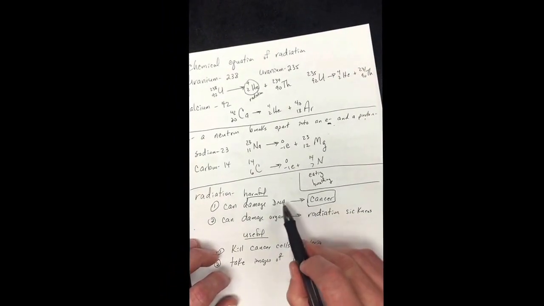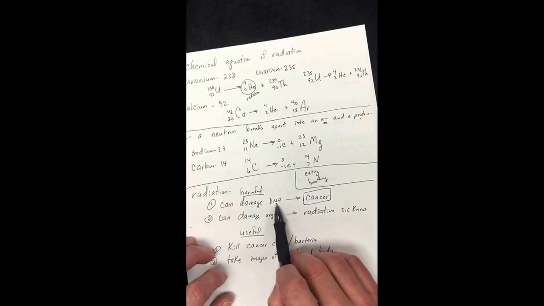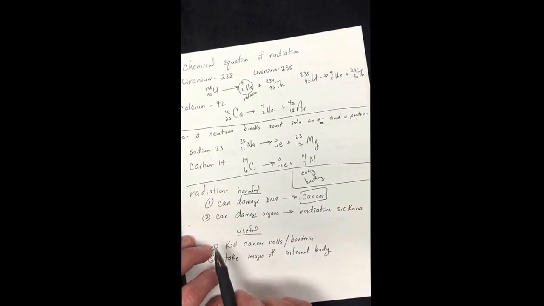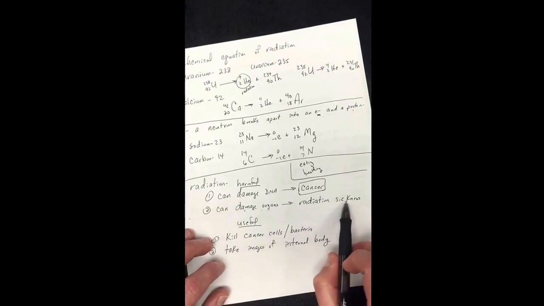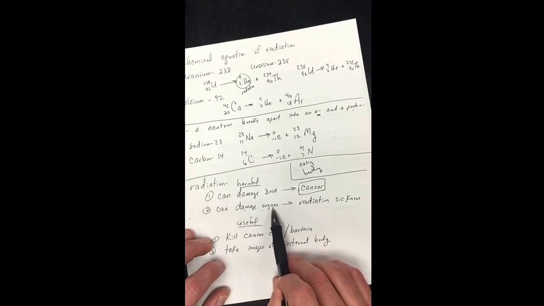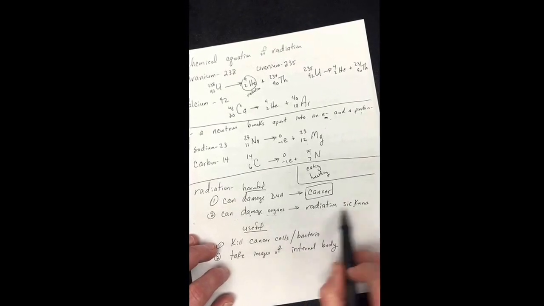Our cells are always having to fight changes and mutations to DNA, and most of the time they catch it, but sometimes they don't. It can also damage organs. This just gives us radiation sickness. So if we were to be hit with a lot of radiation all at one time, it's not as though we're going to get cancer overnight, but it will cause radiation sickness.